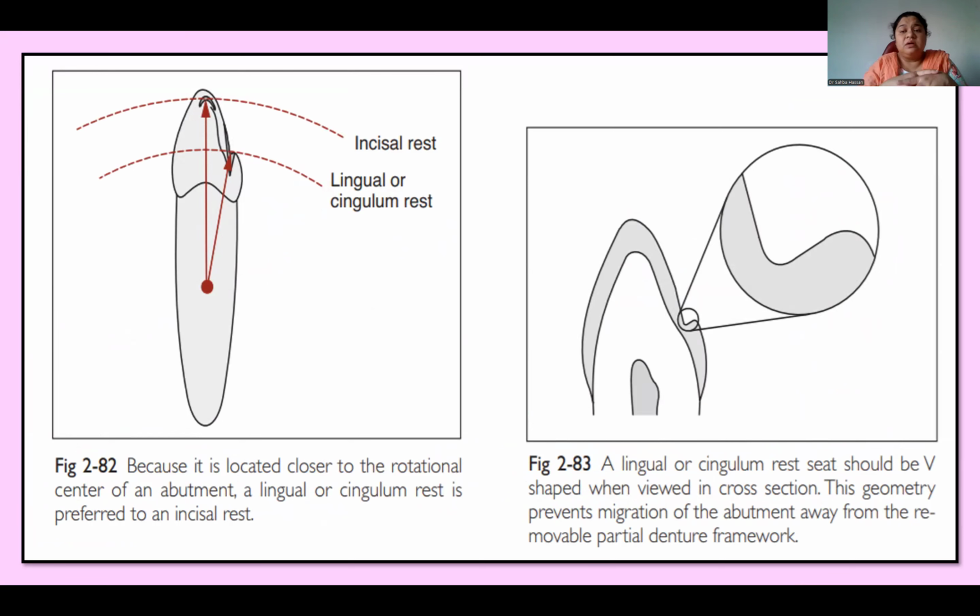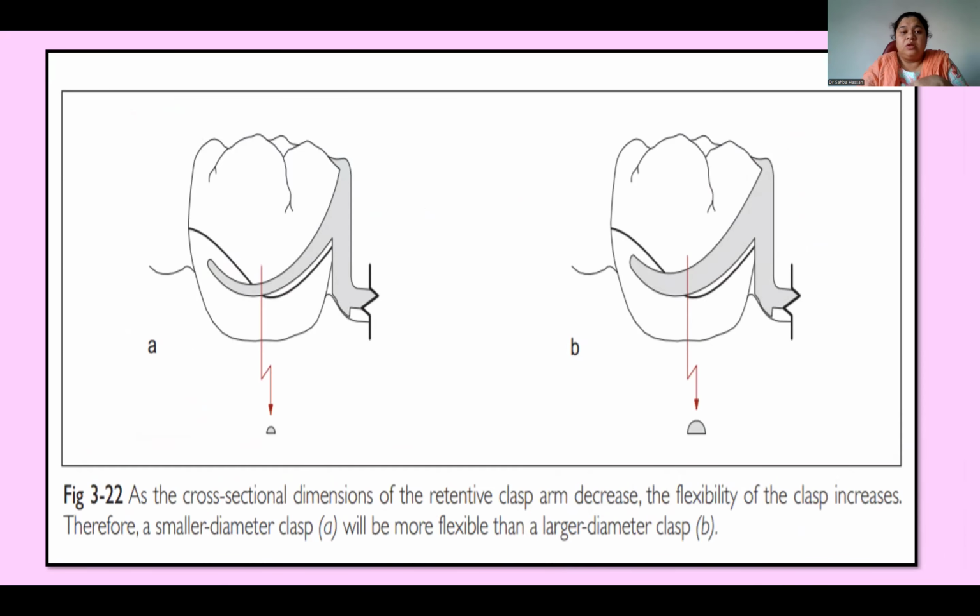Cingulum rest is given in canines, incisal is given in incisors. With an incisal rest, you see rotation, as it is not close to the rotational center. So if you have both options, go for the cingulum rest. This is the basic of designing, and this is the way you have to follow.